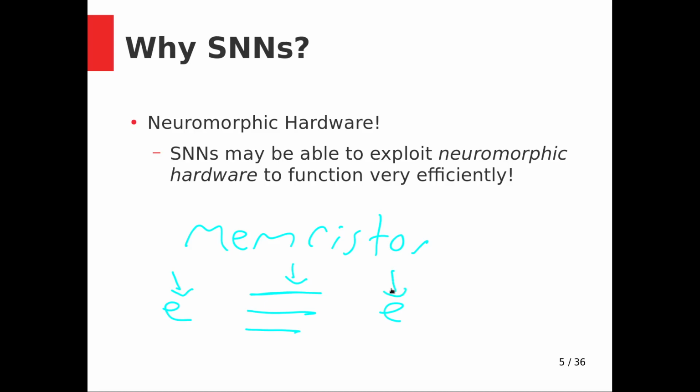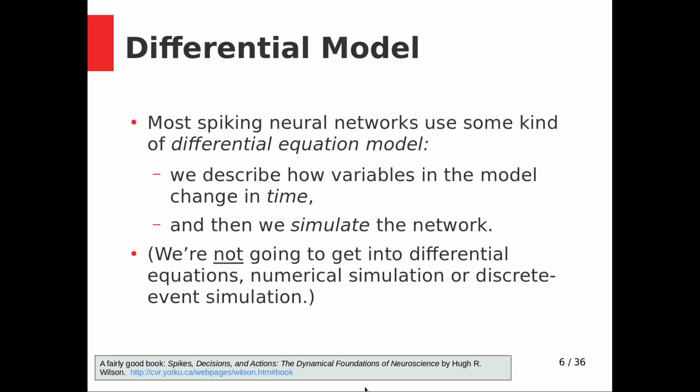So when these get perfected, they potentially enable us to evaluate even very large neural networks at very low power consumption. And spiking neural networks may map very well to memristors.